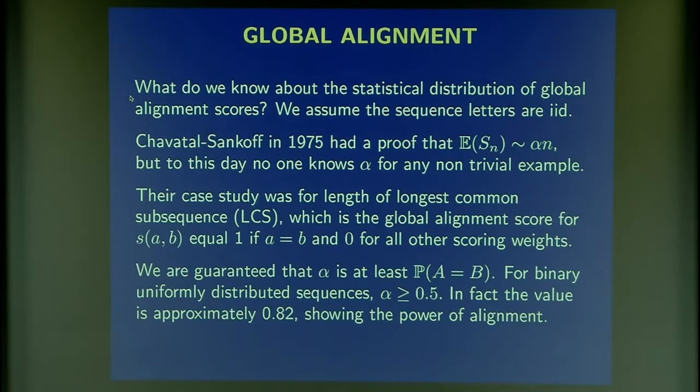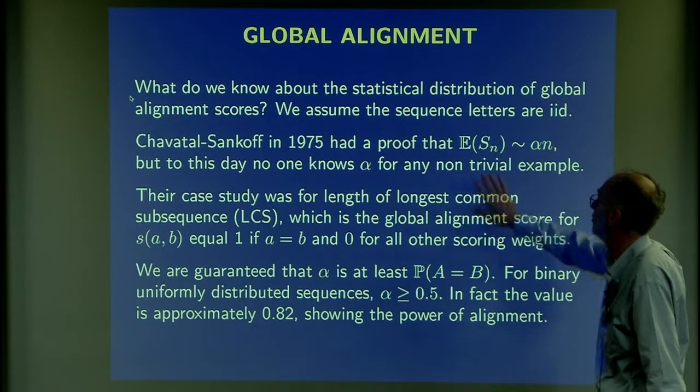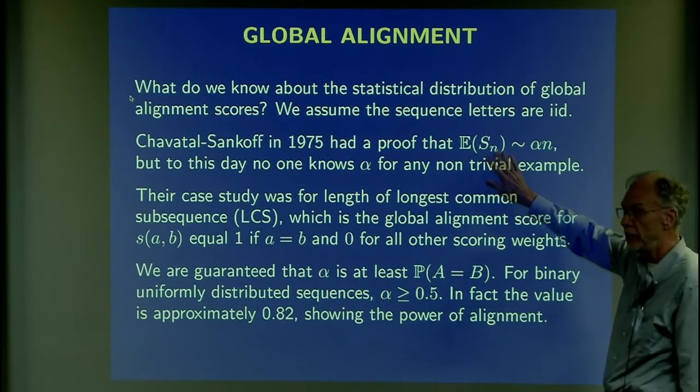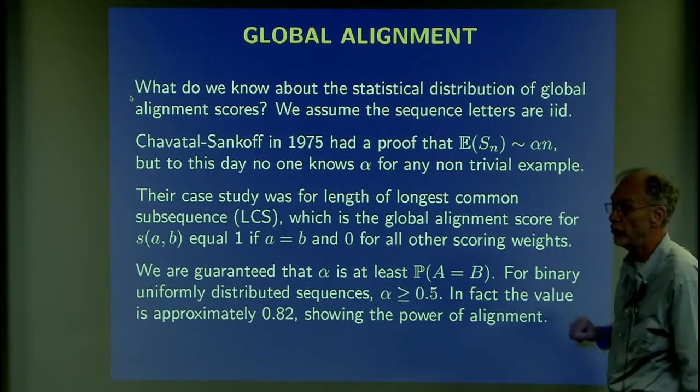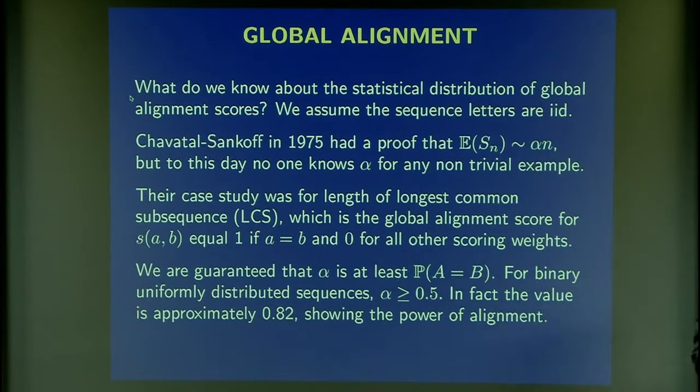So what about this global alignment that I've been going about? Dan's example was counting 1 for identical matches and 0 for everything else. And Chvátal and Sankoff in 1975 proved that the expected number of matchings was a constant times the length. That pretty much has to be, right? If you didn't do any alignment, you would get a linear growth in alignment score because either the letters would be identical or not.